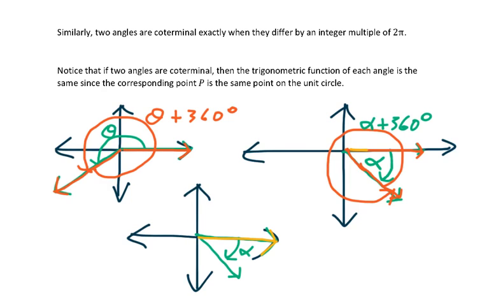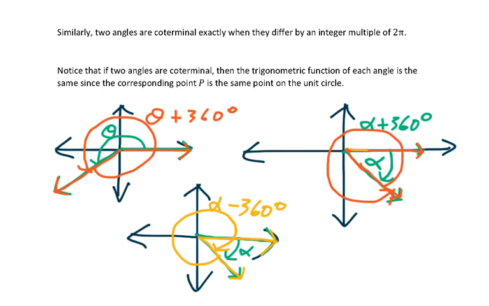The new angle is going to be a clockwise rotation, 360 degrees, all the way around. So this is alpha minus 360 degrees. But again, these are coterminal. If the angle turns around 360 degrees, the terminal side will be pointing in the same exact direction as before.